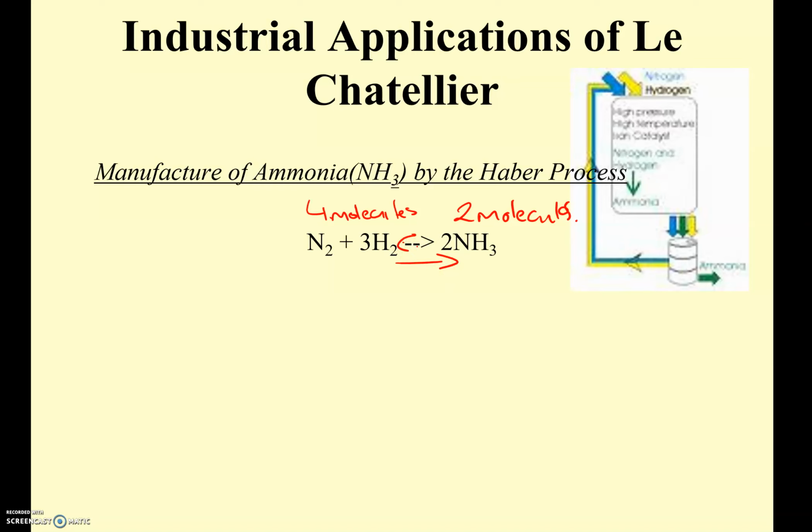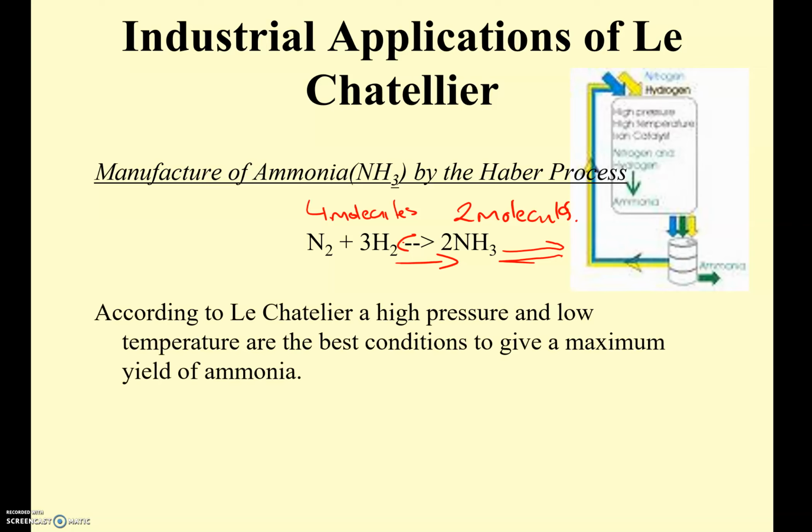In some of these slides they don't have an arrow that goes in both ways, but just for these, assume that the arrow does go in both ways. According to Le Chatelier's principle, a high pressure and low temperature are the best conditions to give a maximum yield of ammonia.